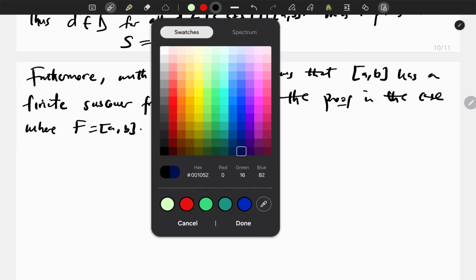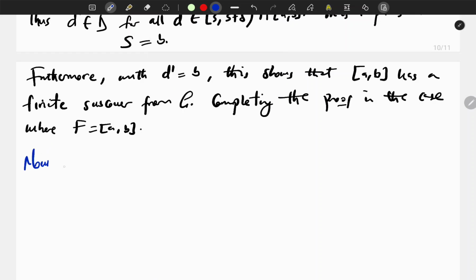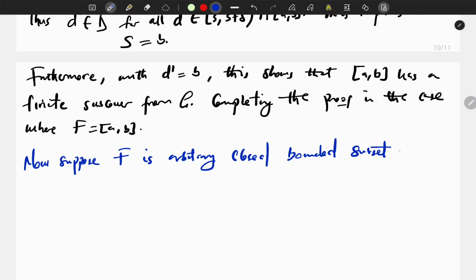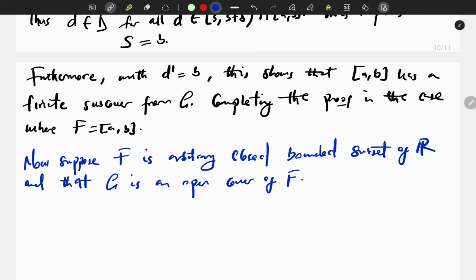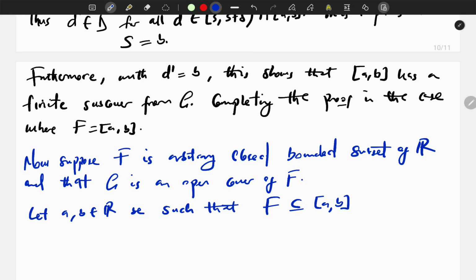So now suppose F is an arbitrary closed bounded subset of R, and that C is an open cover of F. So let A comma B belong to R be such that F is inside of A comma B. F is a subset of this guy.